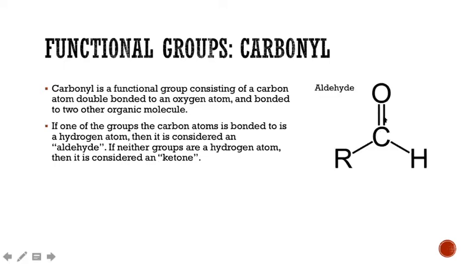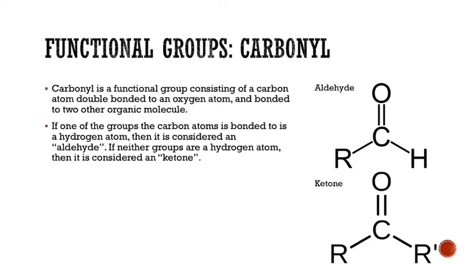There's a double bond with oxygen here, and then it's bound to a hydrogen. But if it's linked to another organic molecule, it's called a ketone. So instead of having a hydrogen here, you have another organic molecule, which could be different or the same.